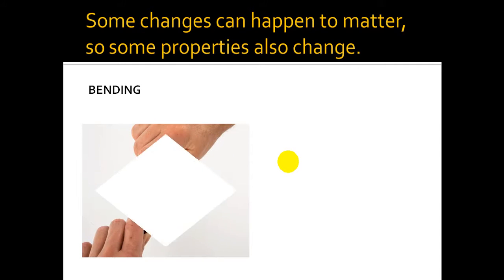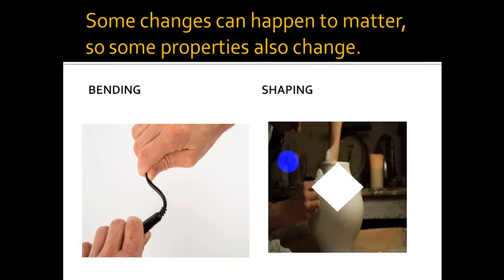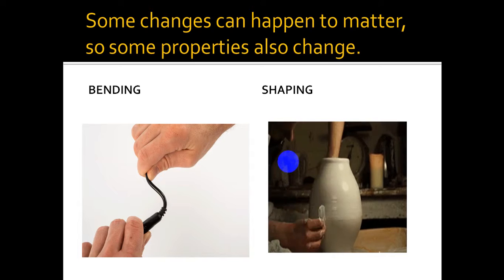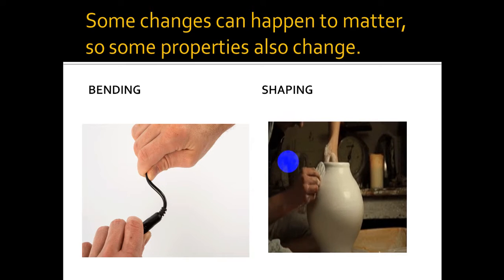Bending. The shape changed, so a physical property changed according to the physical change. Shaping. Like when you play with your Play-Doh, you make shapes, but the same substance is here.